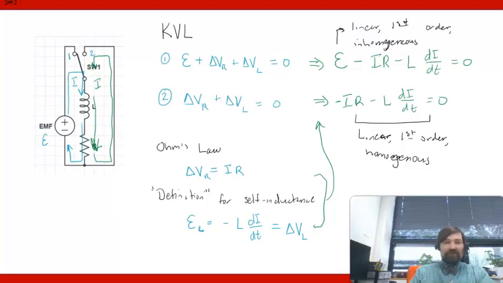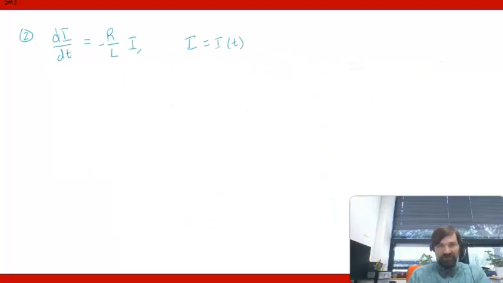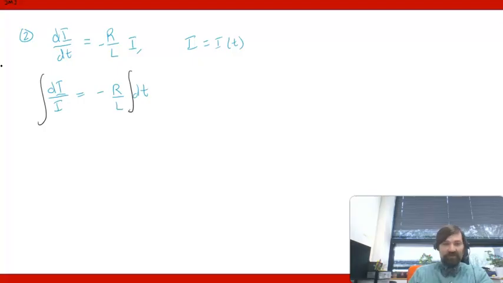So you can either guess at a solution, or you can look and see that things can be split up, so that I have di over I is equal to negative R over L dt, and then basically just integrate both sides of this. And actually, if I put the integral so that I exclude constants, this is where the integral will end up being.